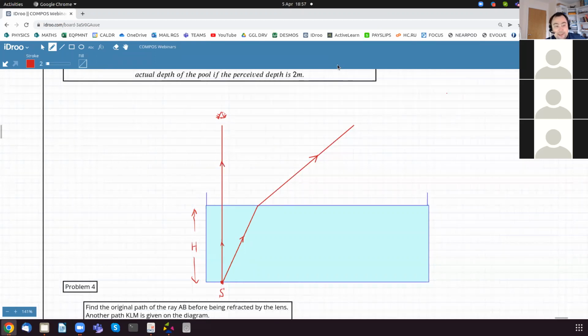S is actually where the bottom of the swimming pool is. Yes, Edward, it is correct. Where the rays meet. So that's at this point.